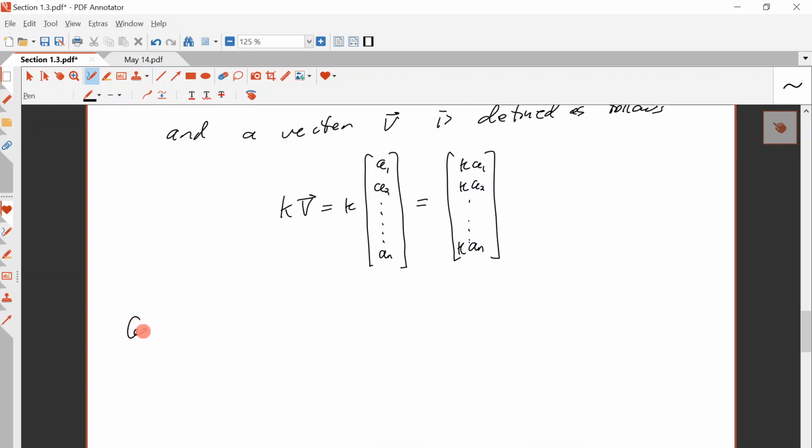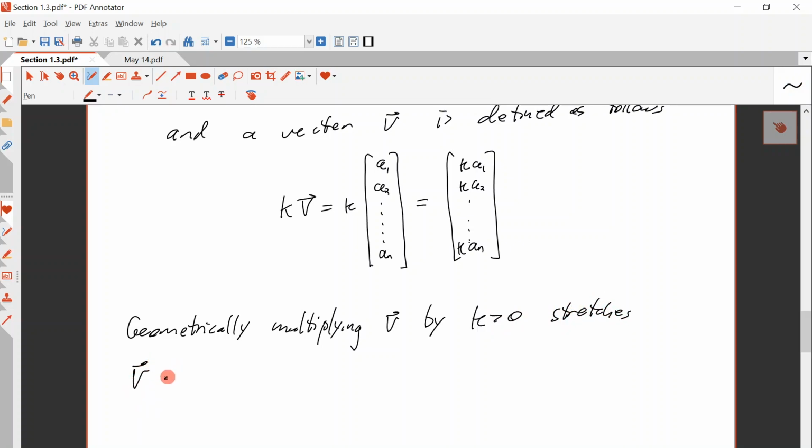Geometrically, multiplying v by k, with k bigger than 0, stretches v's length by a factor of k.